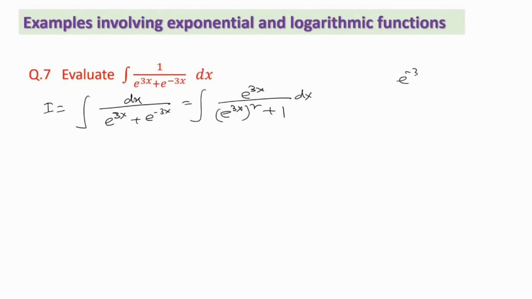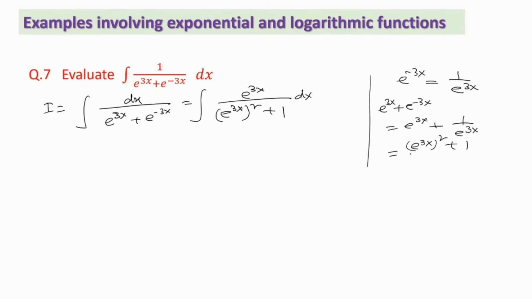We use that e to the power minus 3x is equal to 1 over e to the power 3x. So e to the power 3x plus e to the power minus 3x is equal to e to the power 3x plus 1 over e to the power 3x, which will be (e to the power 3x) whole square plus 1 over e to the power 3x.